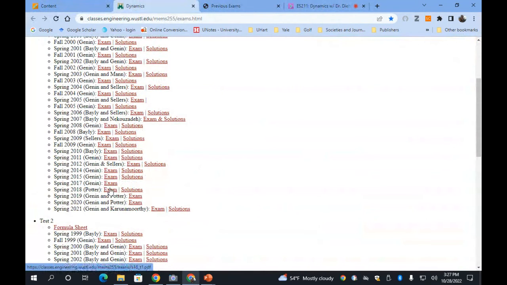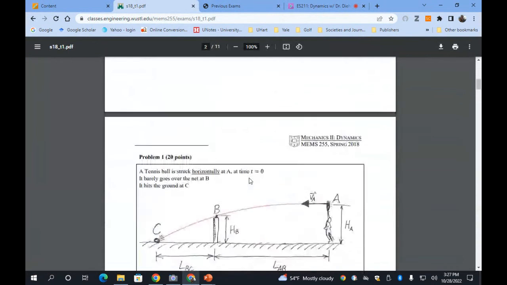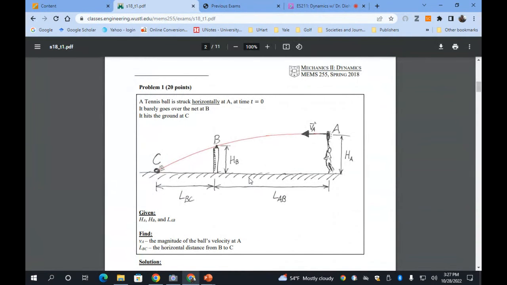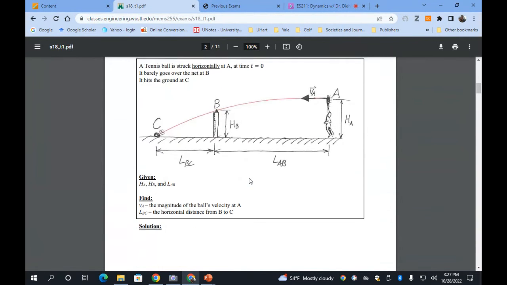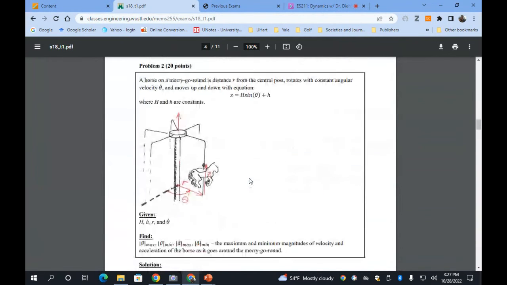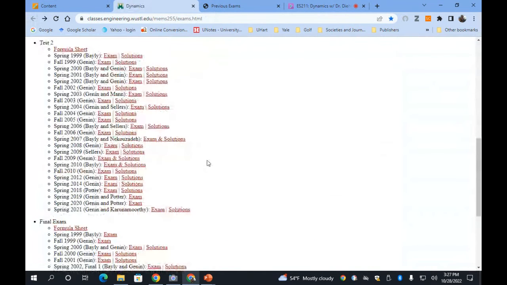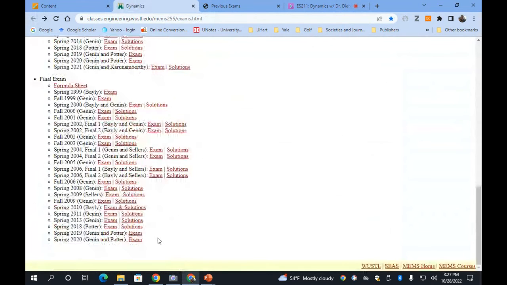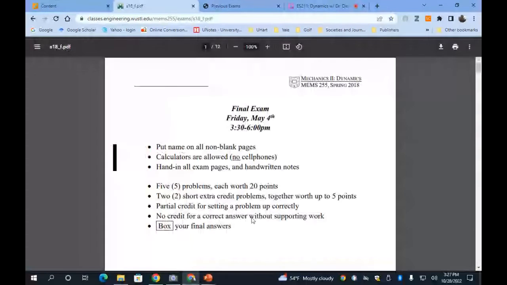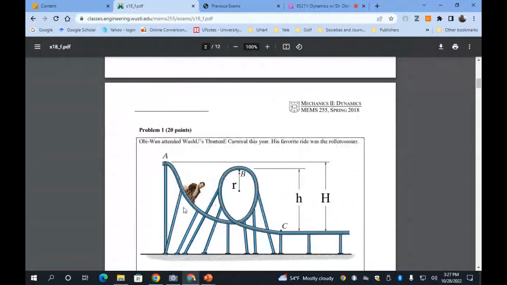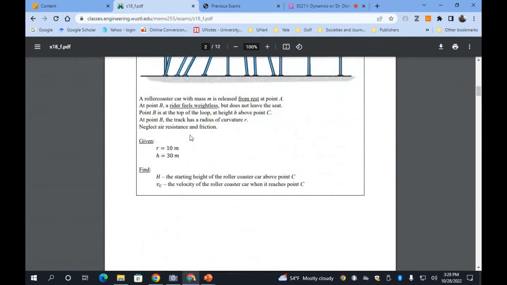I think it's Potter. This guy just wants to see if he could make people laugh during an exam. That's his goal. He does things with Captain Underpants, and he tells a story. Oh, look, he drew a merry-go-round. There's a final exam one where I think he's just burned out. He goes, Obi-Wan attended a carnival this year, and his favorite ride was the roller coaster.